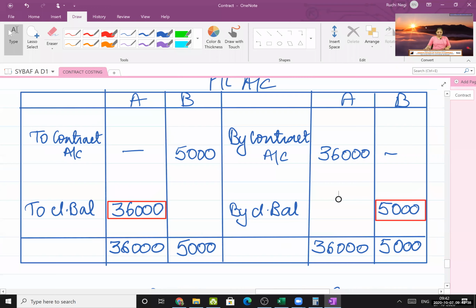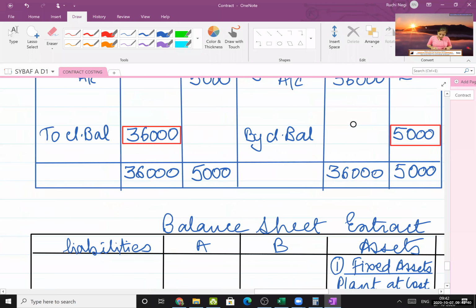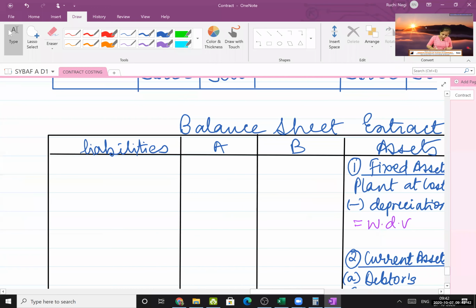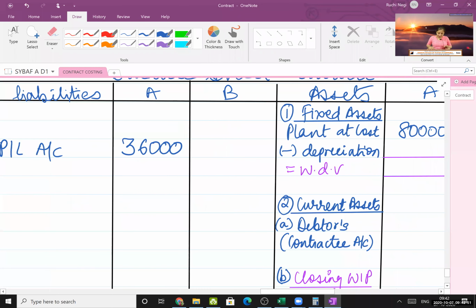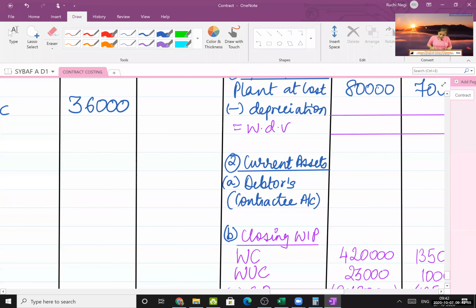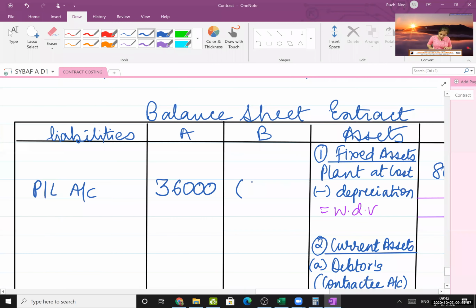So this will show under liability, and its second effect goes to the P&L account, 36, and B you can show here. Here only you can show it, but you can show it as negative or on the asset side. Both are correct.